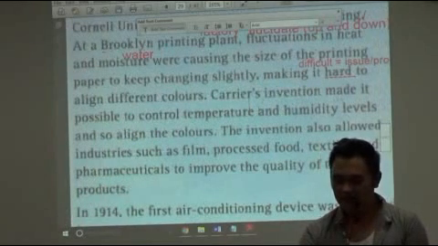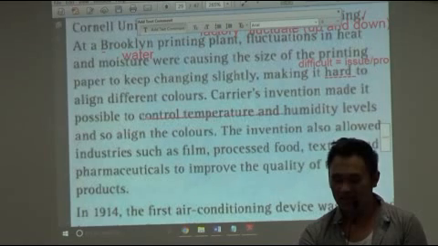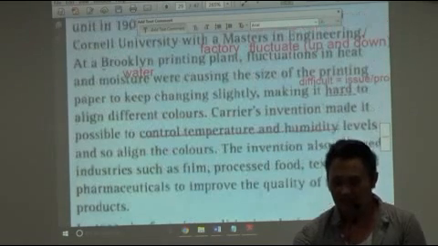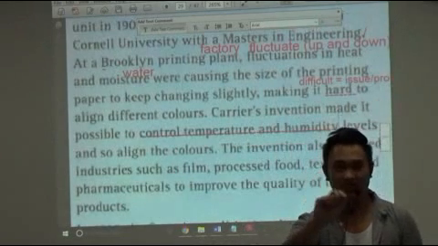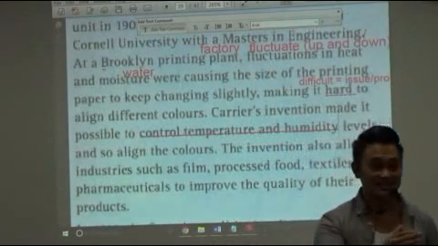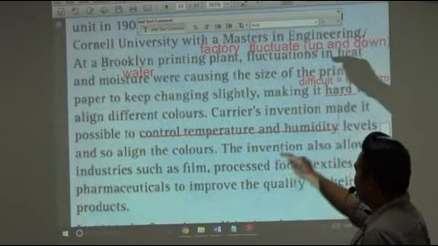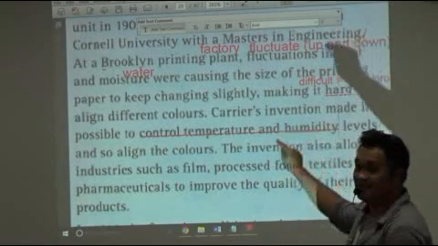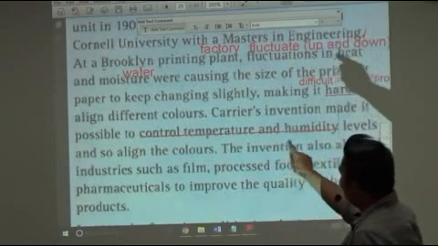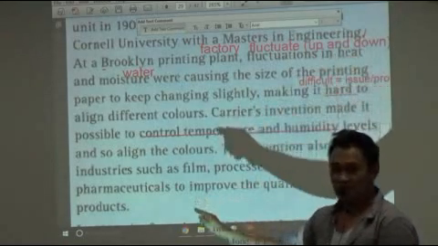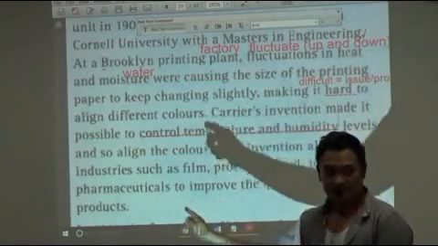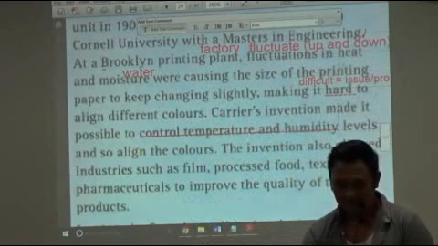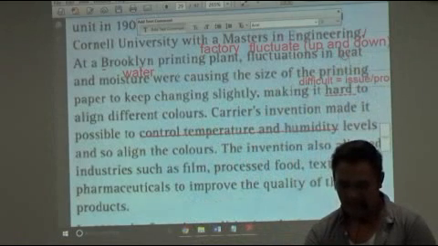Carrier's invention made it possible to control the temperature and humidity. Everybody say humidity. Please put a circle because there's two. Remember in our last lesson? Everybody say heat. Circle heat and connect it with temperature. Heat, temperature. Okay, put a circle. Heat and temperature.